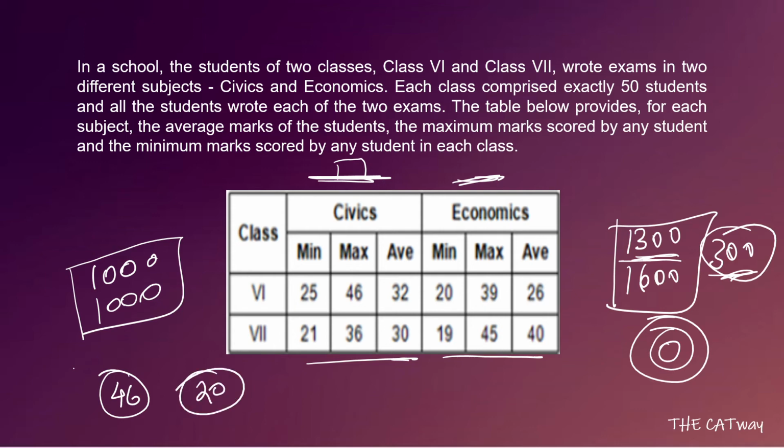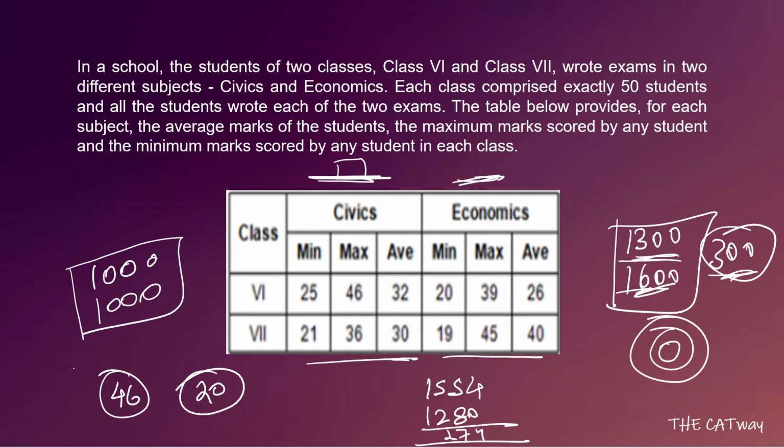Now see what happens. From 1600, if 46 is gone, the remaining is 1554. From 1300, if 20 is gone, then 1280 will be left. But then the difference decreased from 300 to 274.